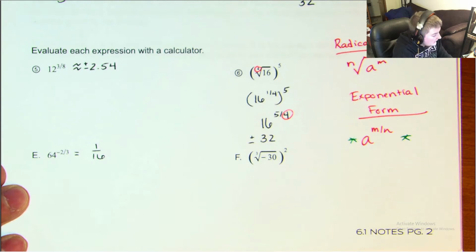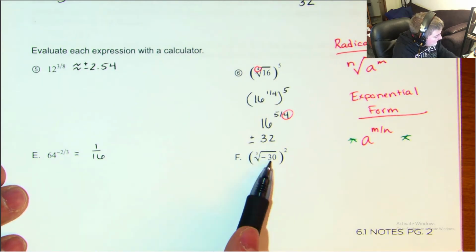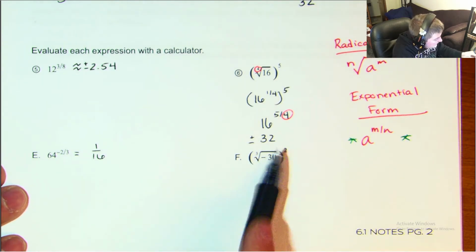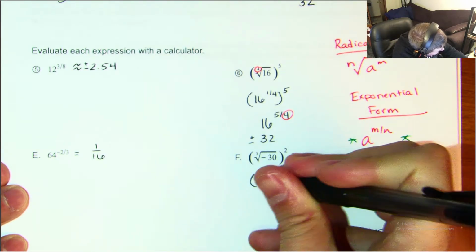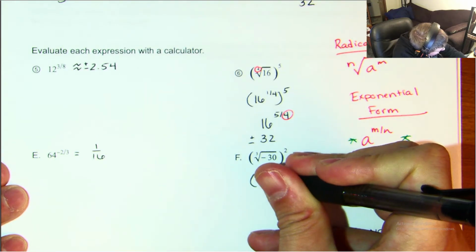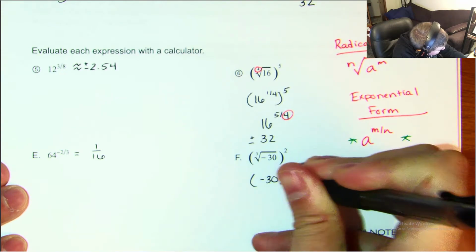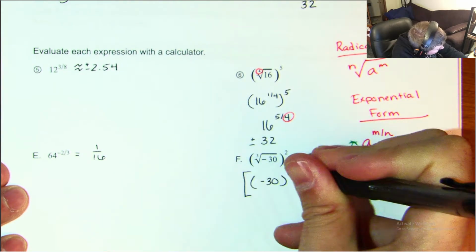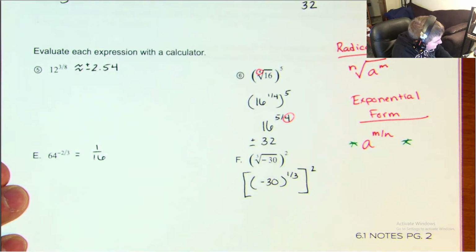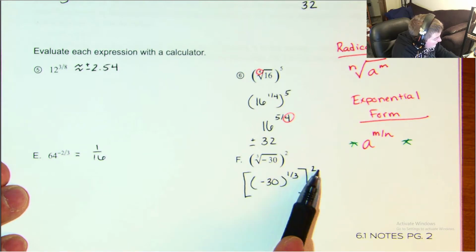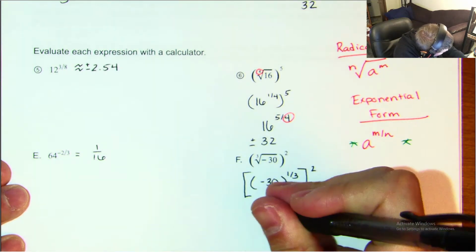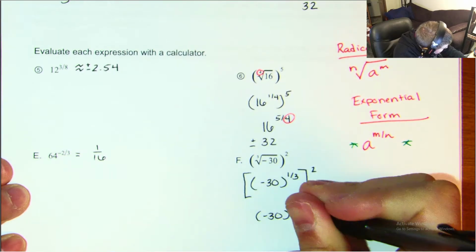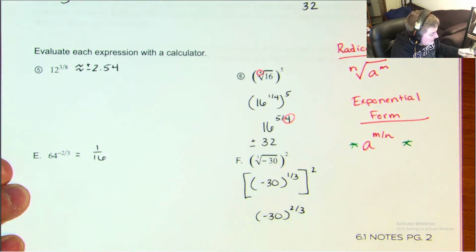Okay, F. I'm taking the cube root of negative 30, and then I'm trying to square that. So that's the same as taking negative 30 to the 1/3 power. And then I'm taking that whole thing and squaring it. Okay, so I'm taking a power to a power, so I would multiply these. So I would get negative 30 to the 2/3 power. Now it's in exponential form.